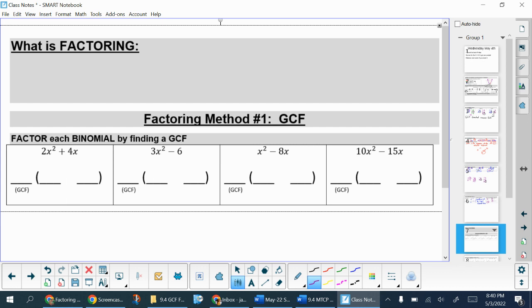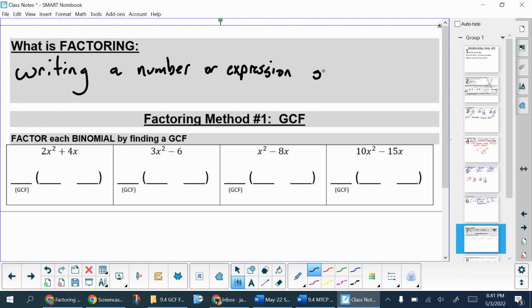Factoring. This is what we're going to be spending pretty much the rest of the year on. Factoring is writing a number or expression as a product.